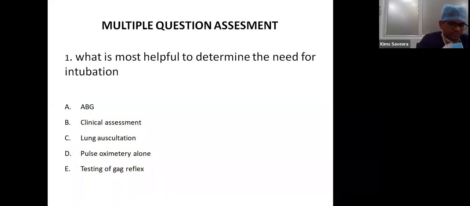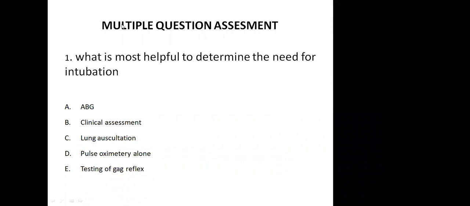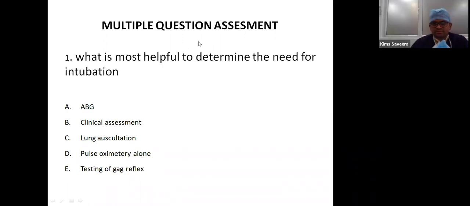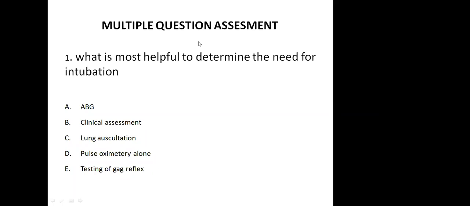Dr. Hitesh answered B. Devi answered ABG. Ruthlal, B. Aishwarya, B. I won't announce the names, so you can just text the answer. That's okay, no problem.